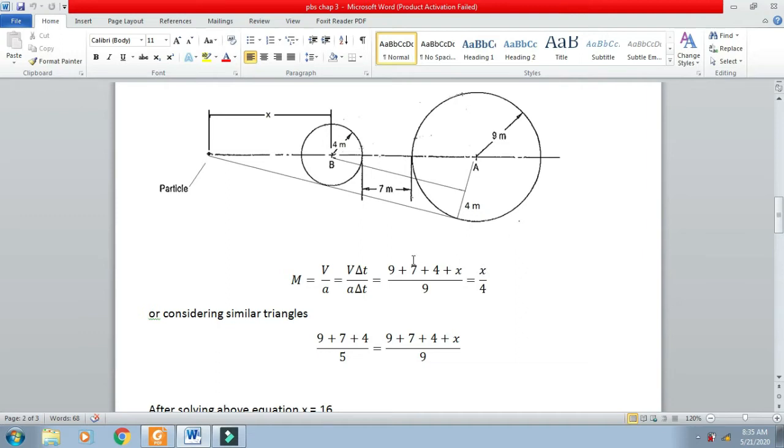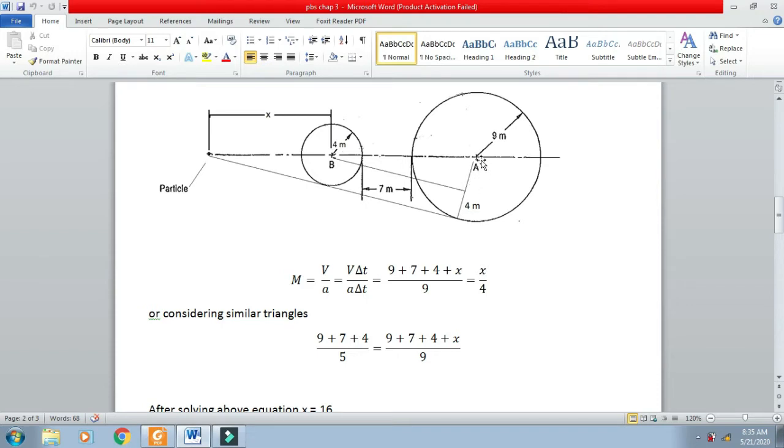So we compare the hypotenuse of the two triangles and the perpendiculars. So the distance is 9 plus 7 plus 4 for the larger triangle, divided by 5 for the smaller. The complete radius is 9. If we subtract 4, this remains 5.